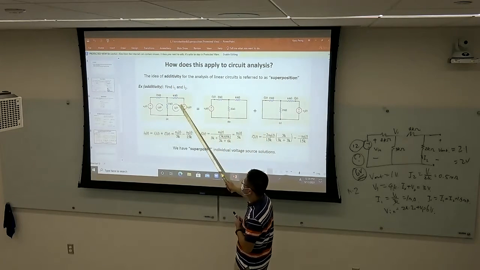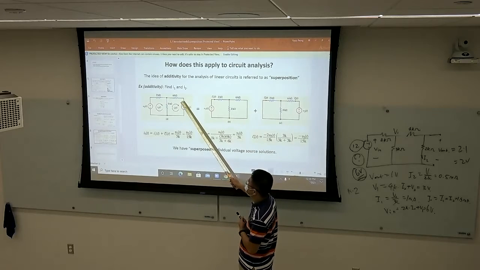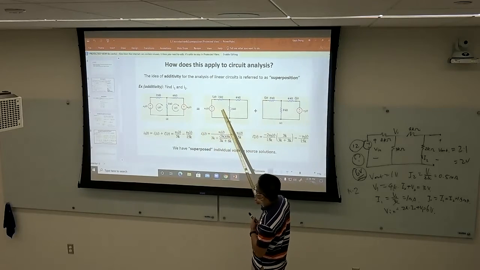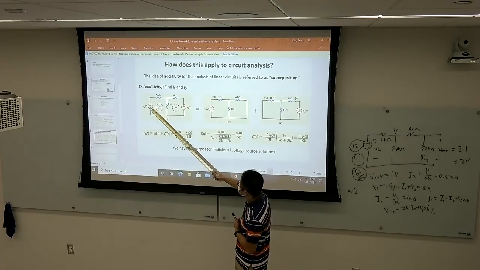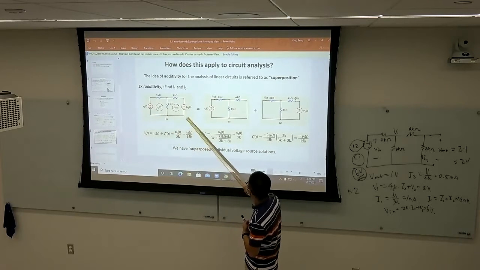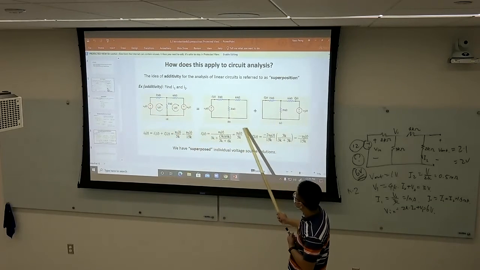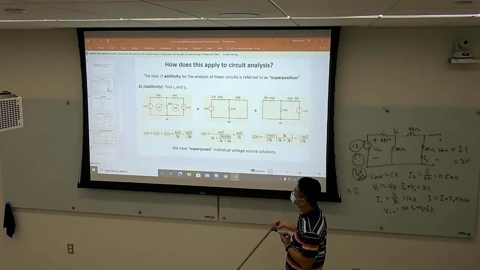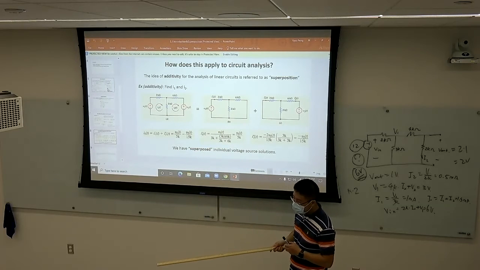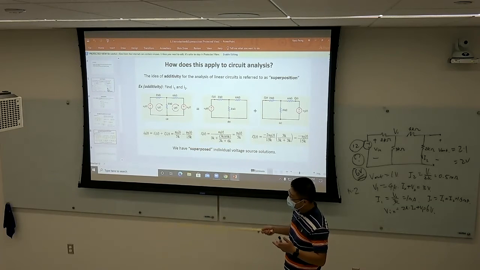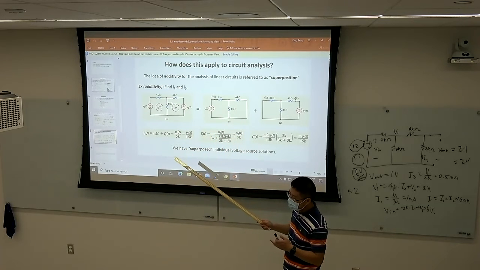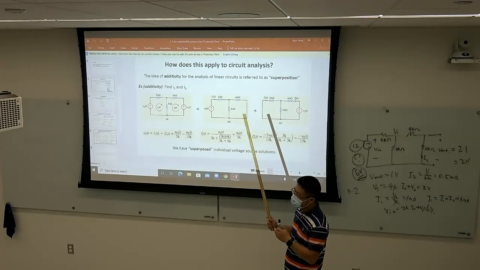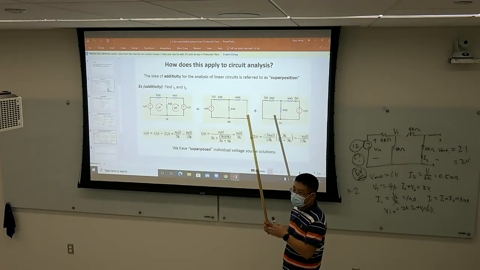If we turn off one voltage source, we obtain the first circuit, and then we turn off the other voltage source, so we obtain another circuit. This is called superposition because, as I introduced, this is a linear circuit, so f(x1 plus x2) equals f(x1) plus f(x2).